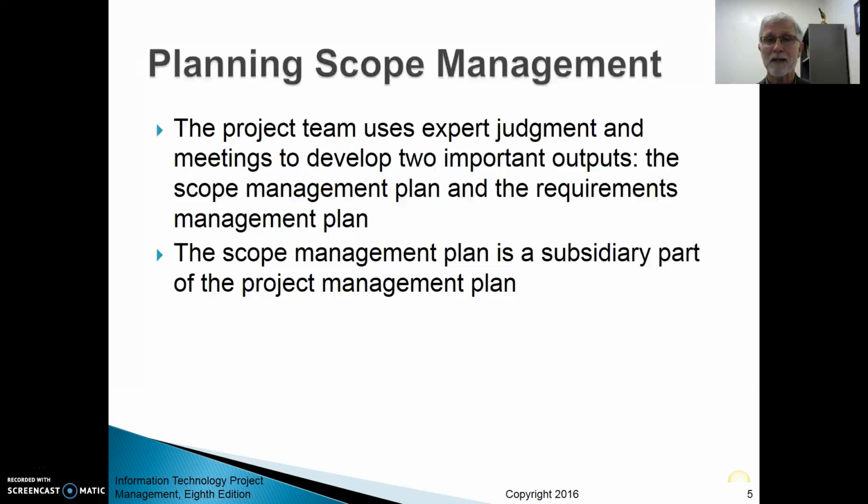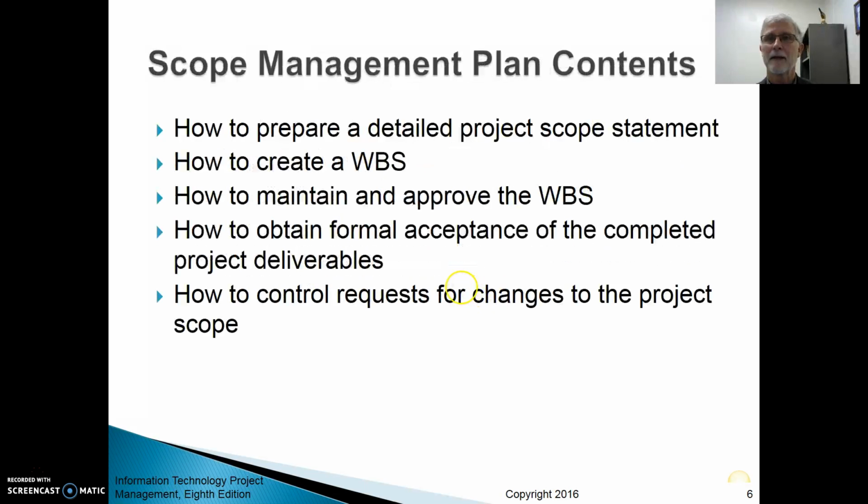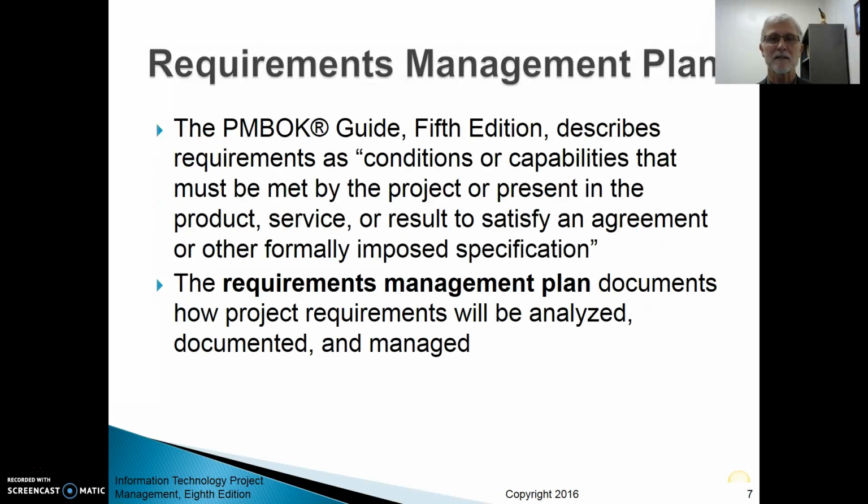Now, the scope management plan is basically just a subset of the project management plan. It creates that detailed scope statement. How do I create the work breakdown structure? How do I maintain it and approve the work breakdown structure? The acceptance process, the controlling of it. Those are the major pieces.